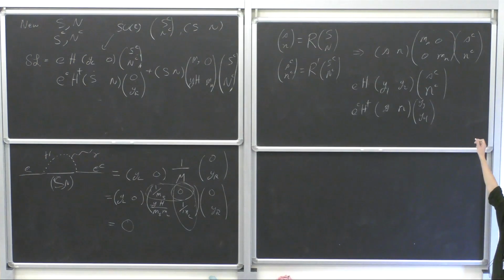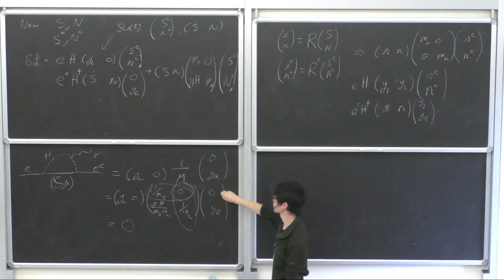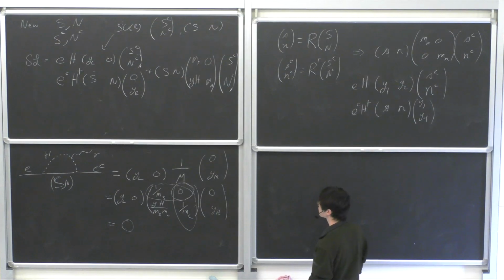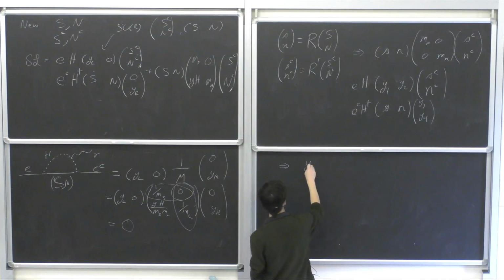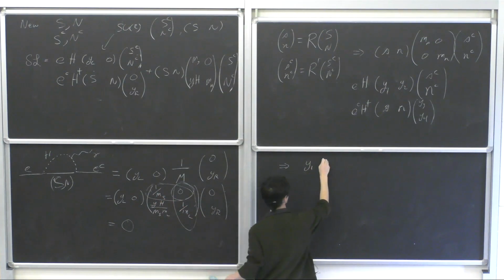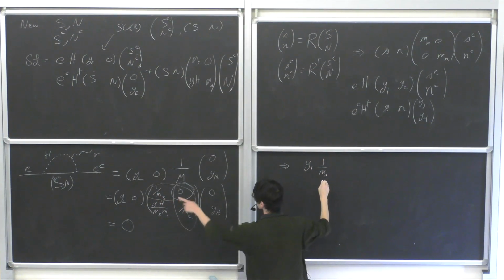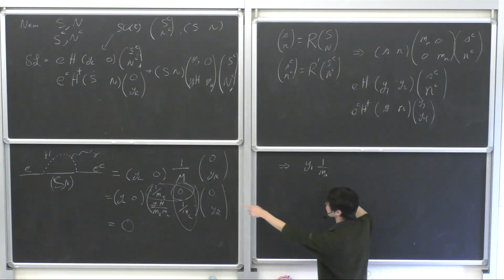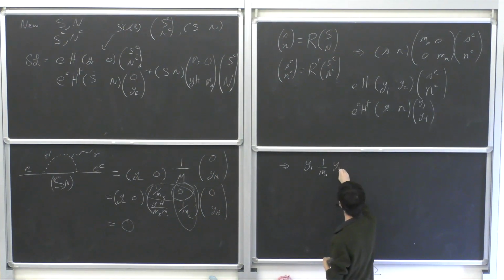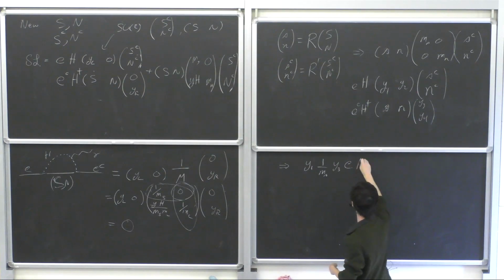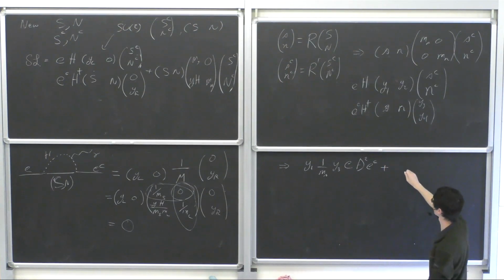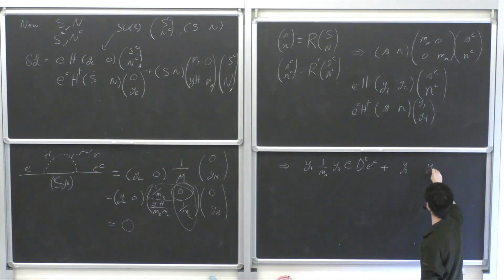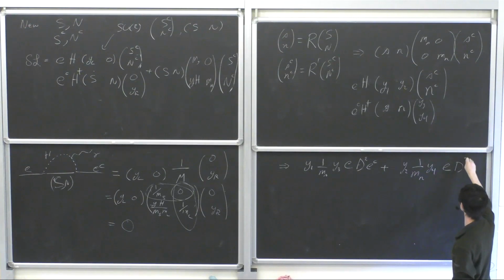So now look at this and rewrite the same thing here. What does it look like? It looks like I get y1 over ms times y2, no, y1, y2, y3, e d squared e conjugate, plus the next term, y2, y4, 1 over mn, e d squared e conjugate.